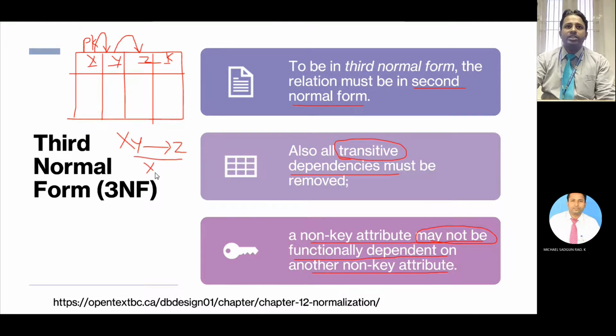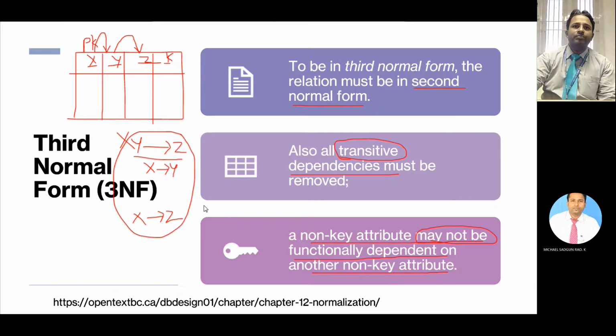Means there will be a functional dependency from X to Y; X determines Y. Now, if Y determines Z, then X determines Z. Like this, we have studied transitive dependency in the functional dependency video. That should be eliminated here. If a transitive dependency is like this, it should be eliminated. Then only a table or a relation is said to be in third normal form.